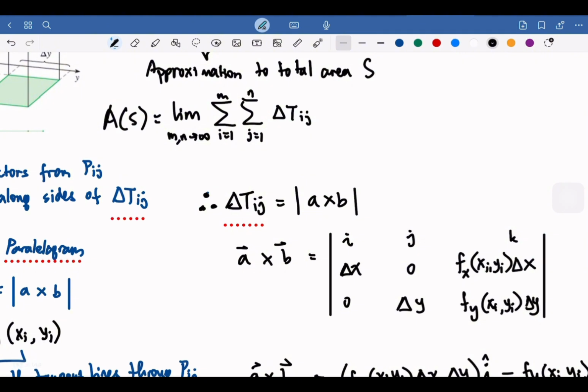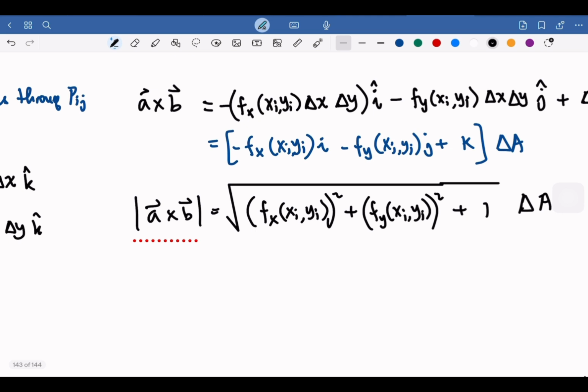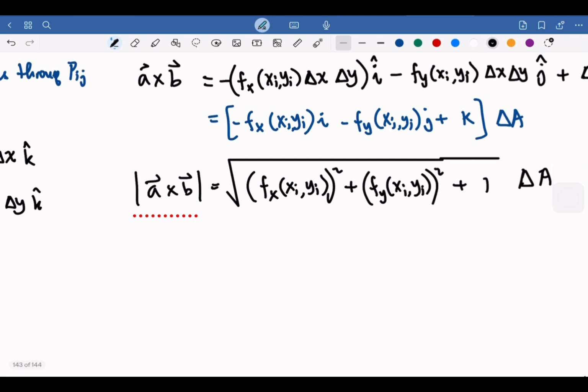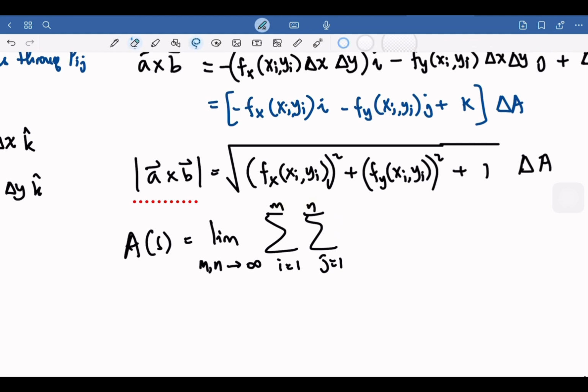Then we can exchange this delta T with this square root. Okay, so we can write the area as the limit as m and n go to infinity of the double sum, and then maybe let me just copy. I'm too lazy to write this.